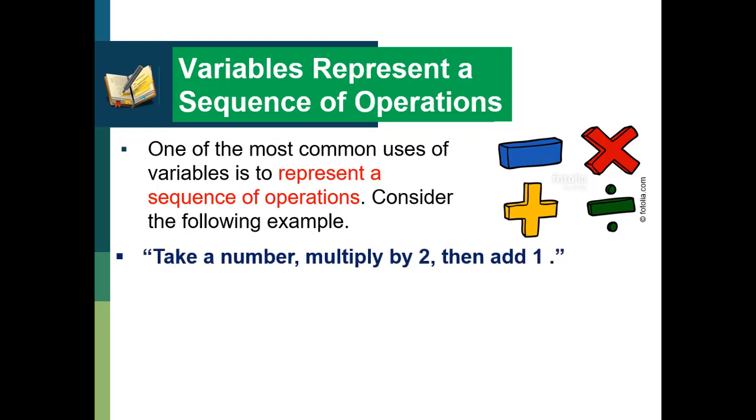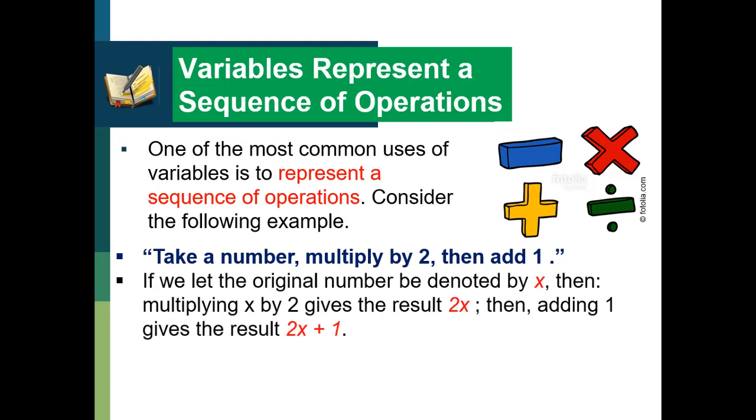Now take this example. Take a number, multiply by 2, then add 1. Try to represent this sequence of operations using the variable x. Here's how it is. If we let the original number be denoted by x, then the first statement, take a number, that will be x.